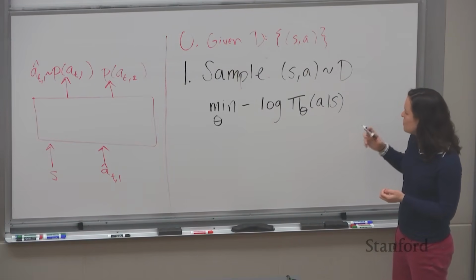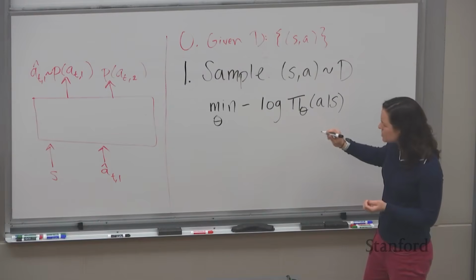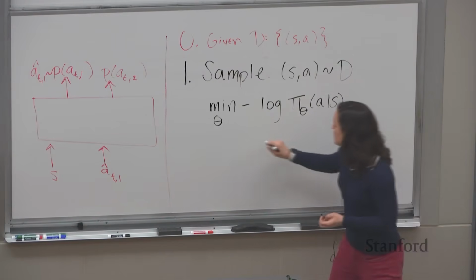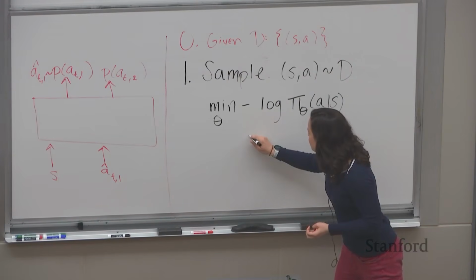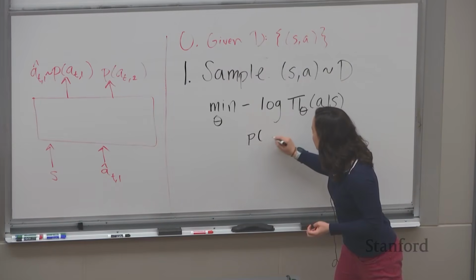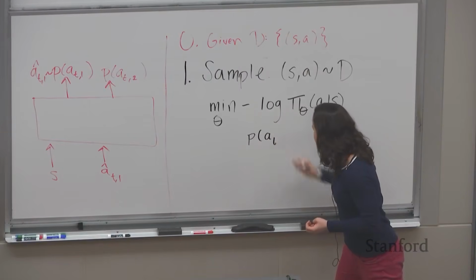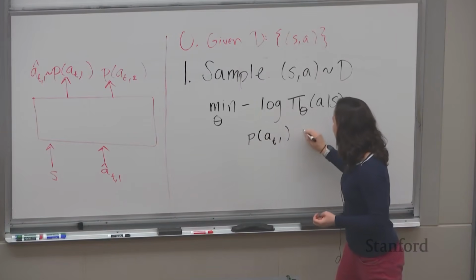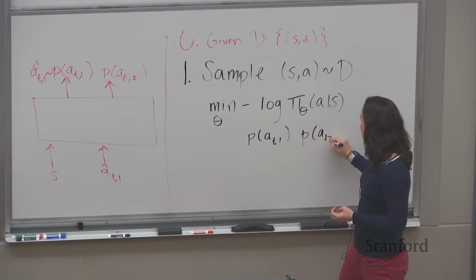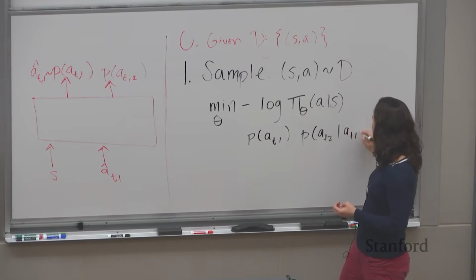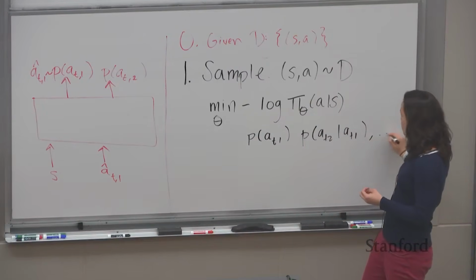What this looks like for the autoregressive model is we essentially get the probability of A_t1 and the probability of A_t2 given A_t1 and so forth.